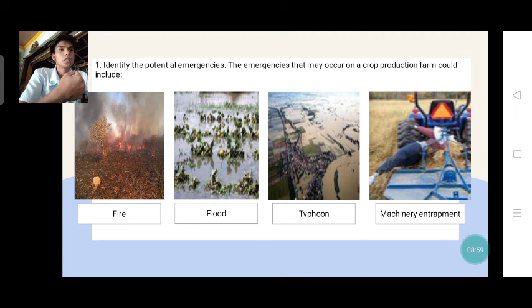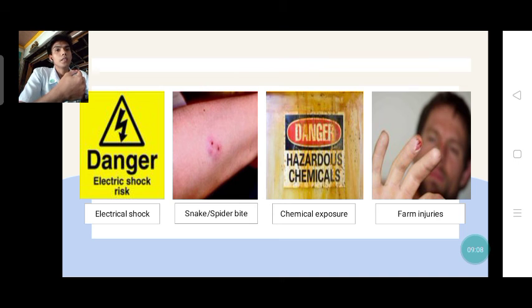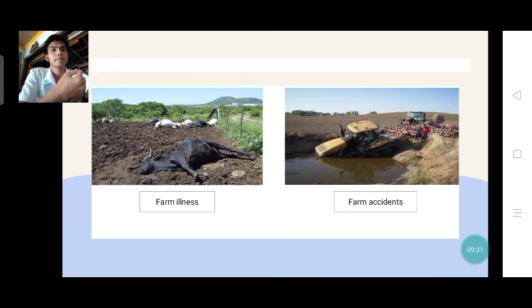And the last is machine interruption. Next are electrical shock, snake bite, spider bite, chemical exposure, and farm injuries. So, we also have farm illness, then farm accidents.